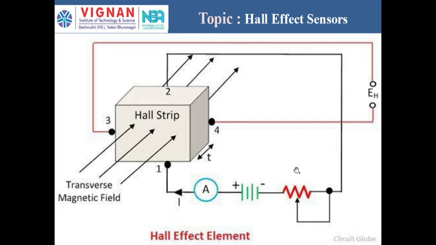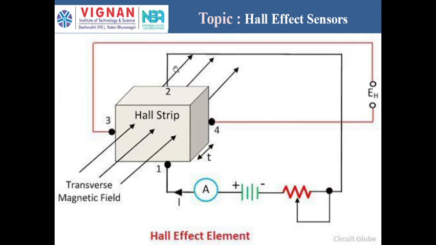So the principle of working of a Hall effect transducer is that if a strip of conducting material carries a current in the presence of a transverse magnetic field, as in the figure, a difference of potential is produced between the opposite edges of the conductor.